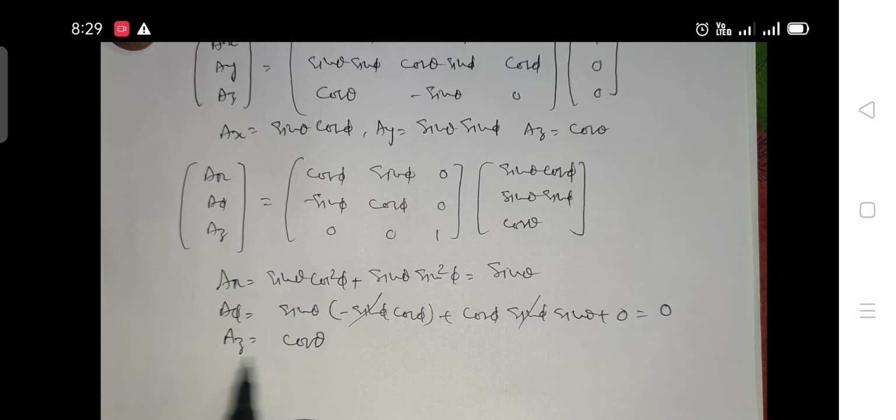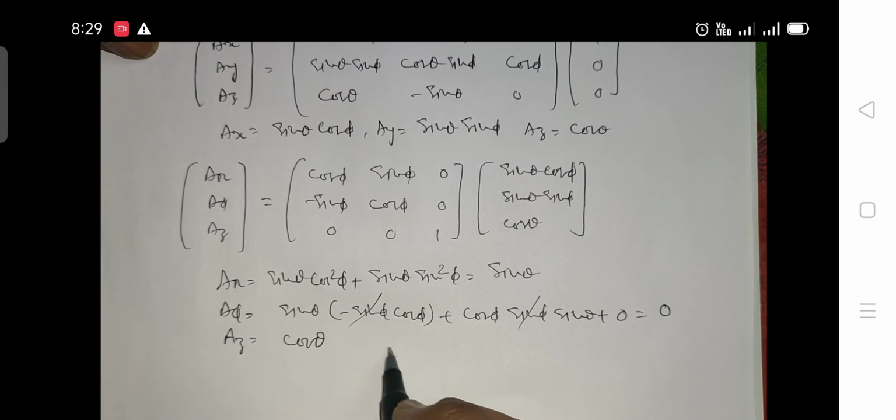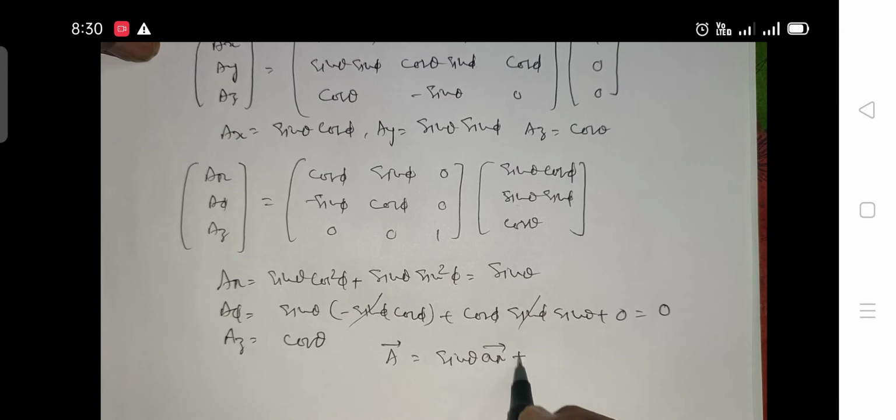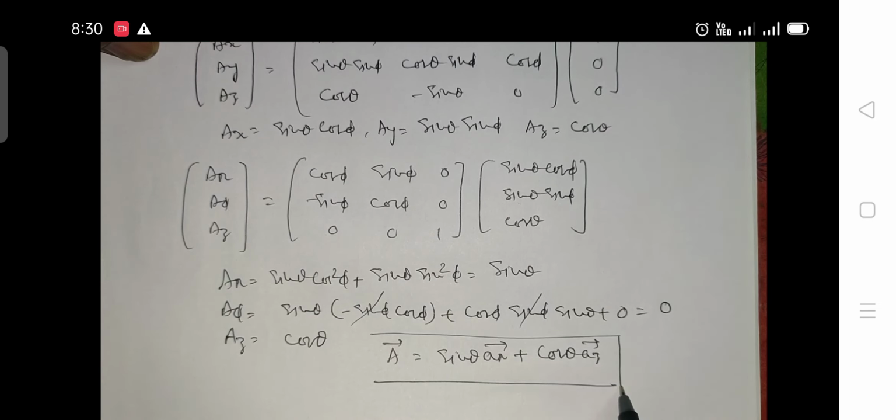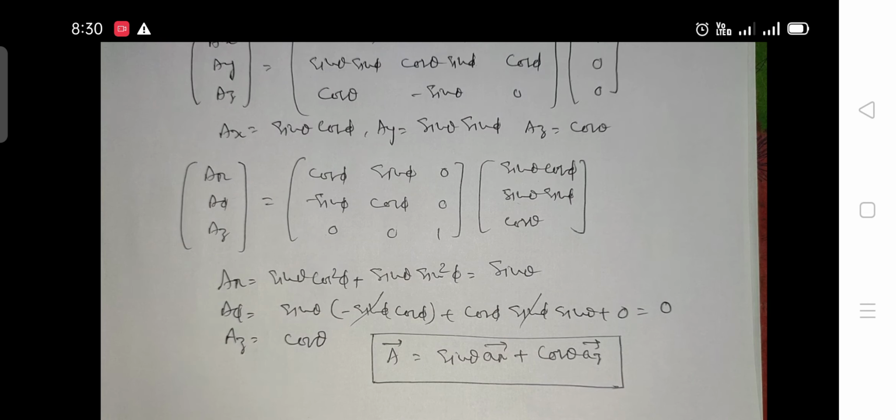So AR and AZ terms only we have, hence the vector A bar in cylindrical coordinate systems is given as sin theta multiplied by AR bar plus cos theta multiplied by AZ bar. So this is how we have to simplify the problems in order to transform the coordinates from one system to the other.